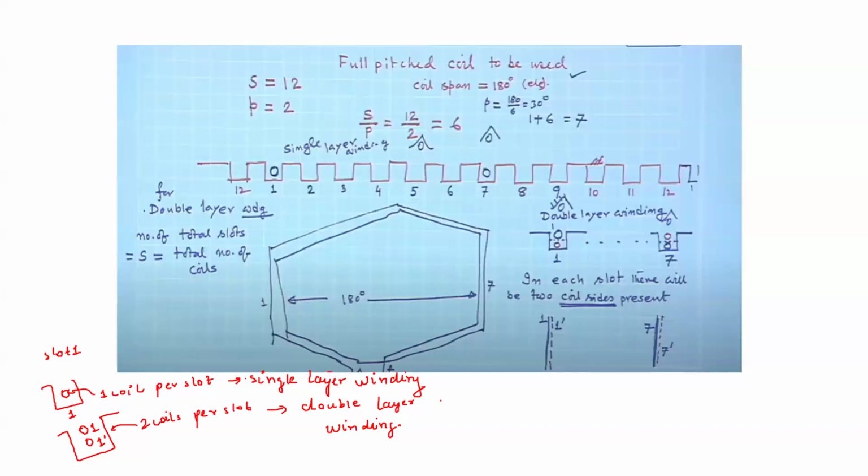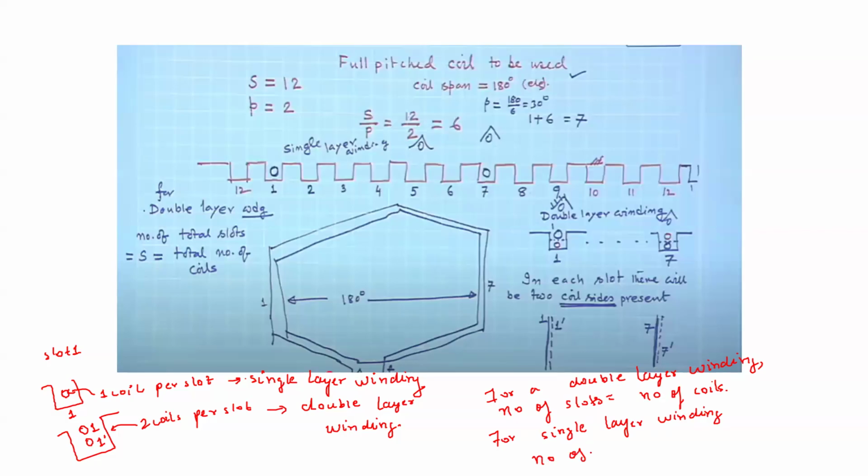Now I have discussed that for a double layer winding, the number of slots is equal to the number of coils, and for a single layer winding, the number of coils is equal to the number of slots by 2.